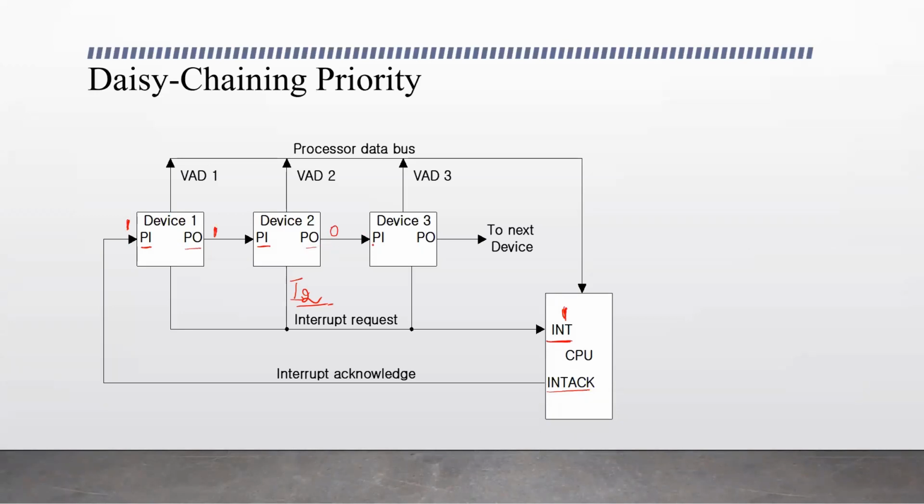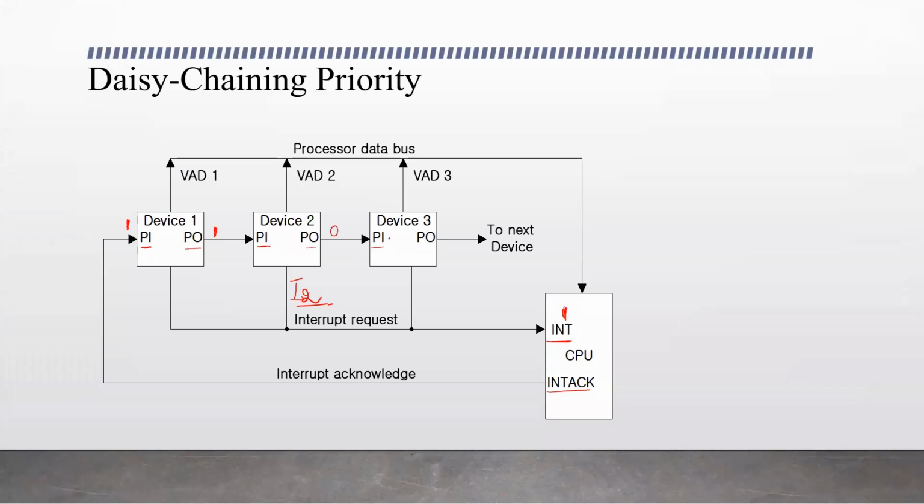So now the priority input of device 3 is 0, which means device 3 will understand that the signal is blocked somewhere. The response from the CPU is blocked by some of the devices that have higher priority than this device.